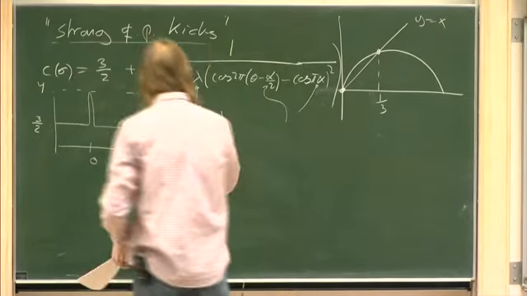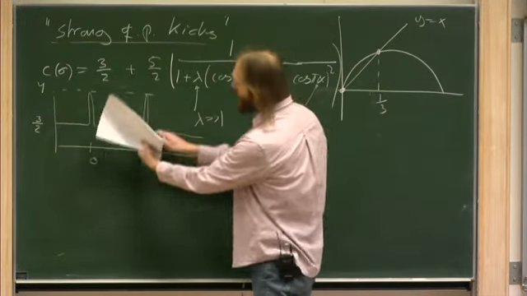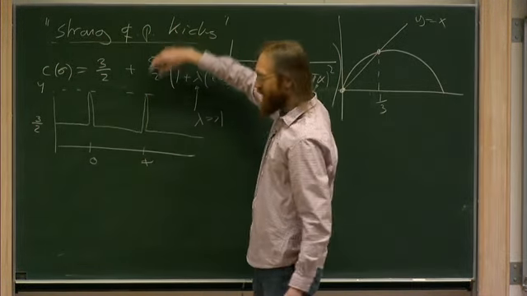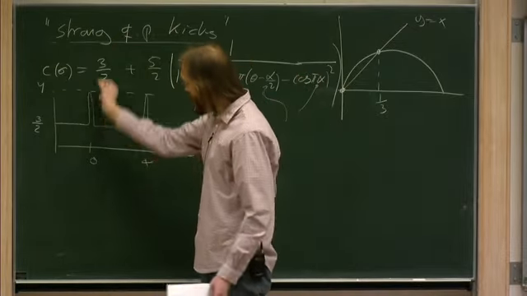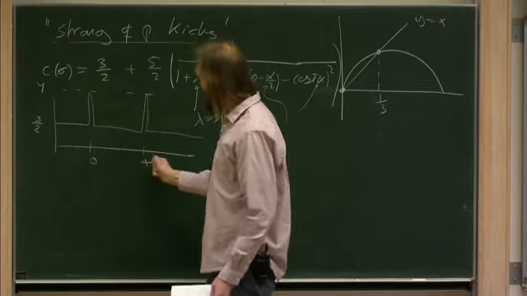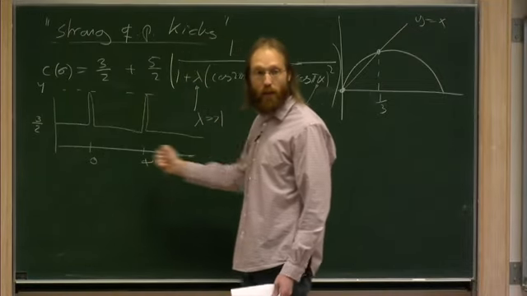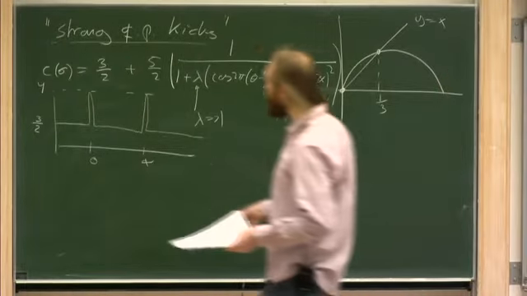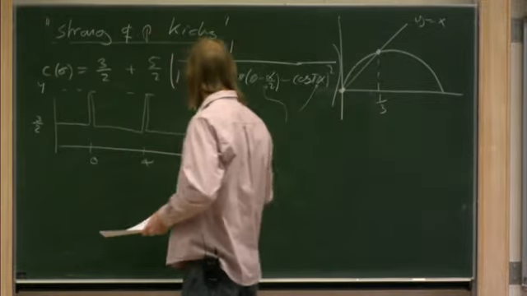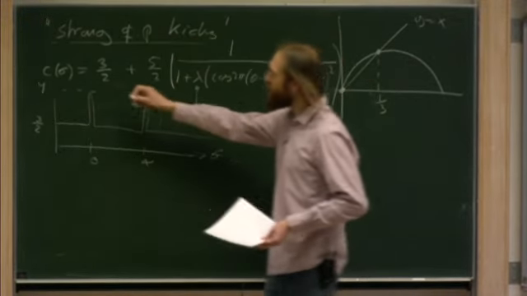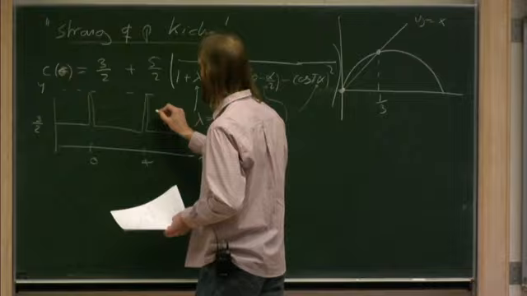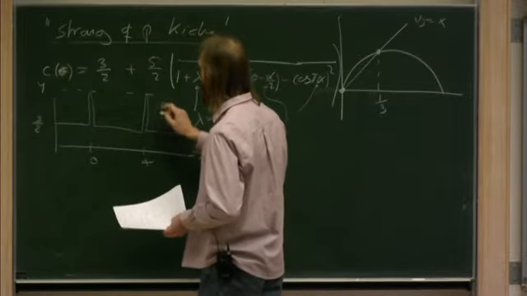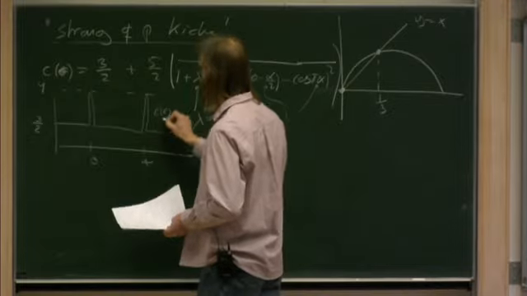By taking lambda large, you can make this very thin. The peaks are very sharp, and then by varying alpha, I can change the location of the peak. The horizontal axis is theta. I just draw this function c of theta.